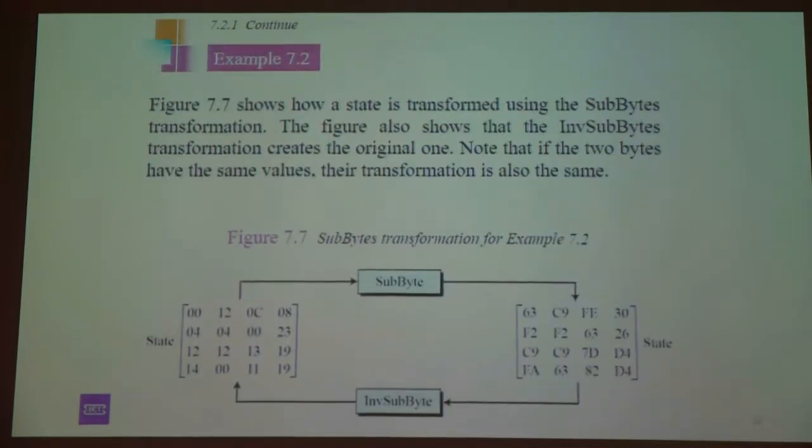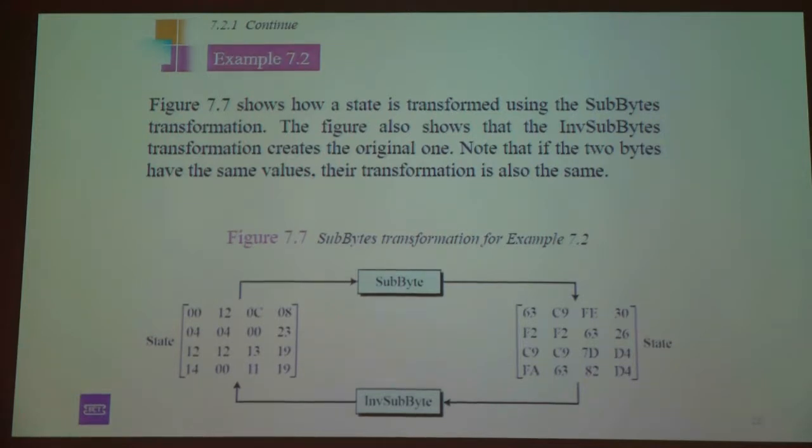So this is an example. In here, figure 7.7 shows how a state is transformed using the sub-bytes transformation. The figure also shows that the inverse sub-bytes transformation creates the original one. Note that if two bytes have the same value, their transformation is also the same.